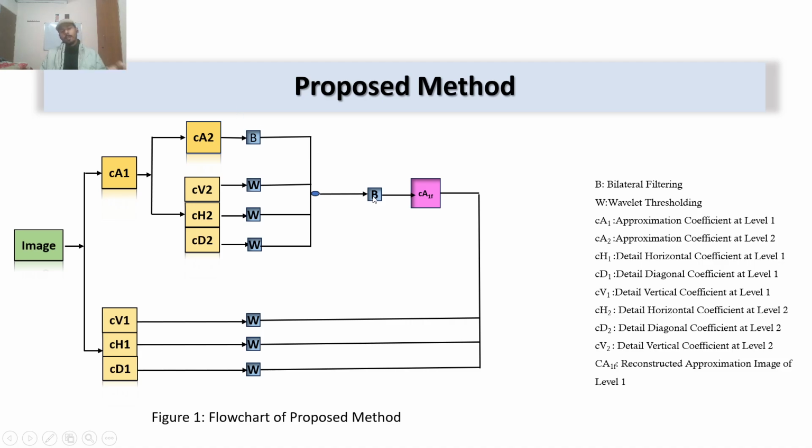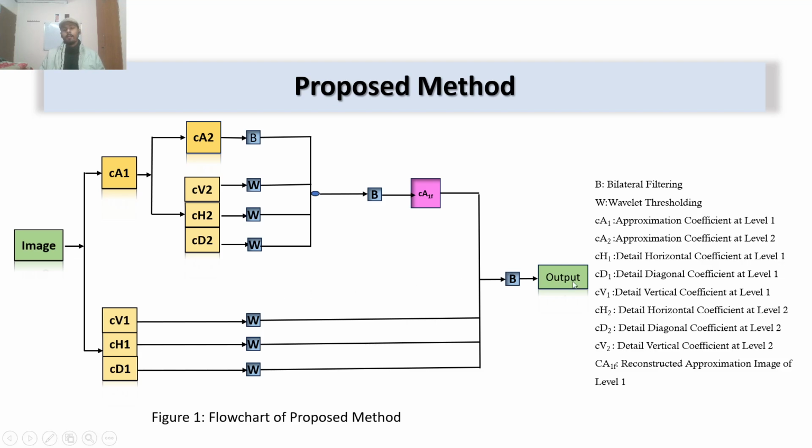Since the bilateral filter is applied, we get the filtered value of the approximation coefficient of the first level. And in the final steps, we reconstruct the noisy image after a certain amount of filtering using the first level of approximation and detail coefficients. And then finally, we apply the bilateral filtering once again to remove whatever the residual low frequency noise is.